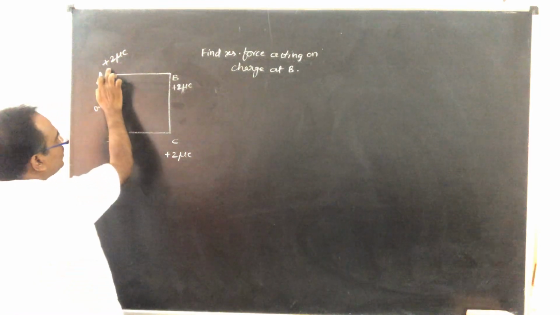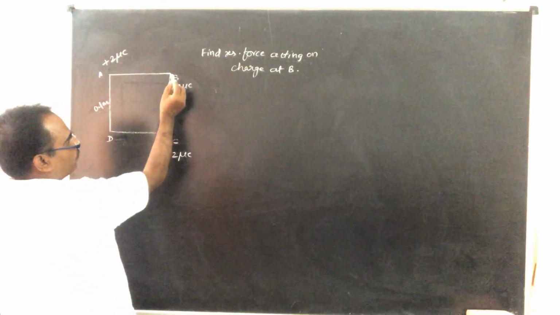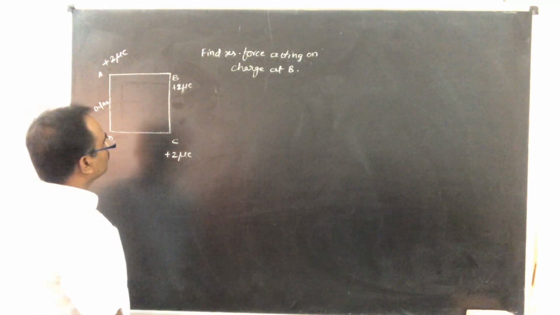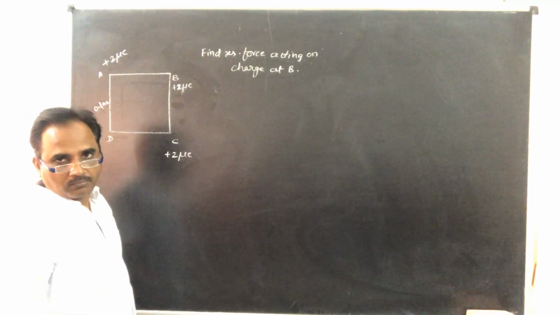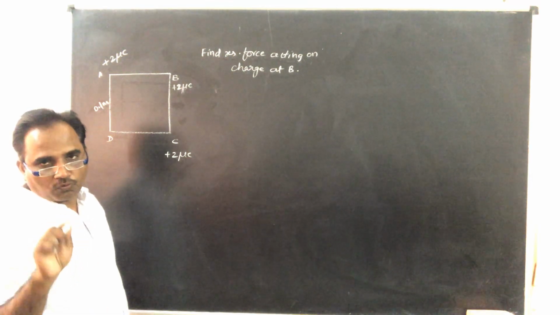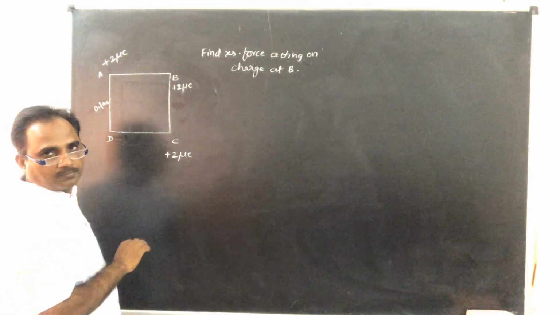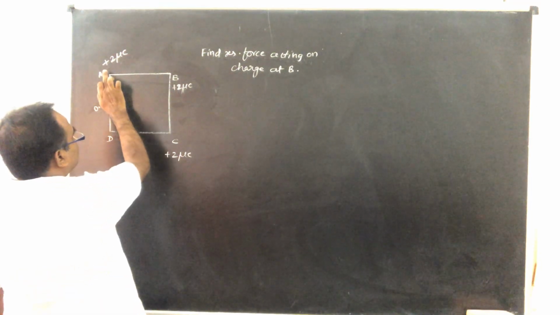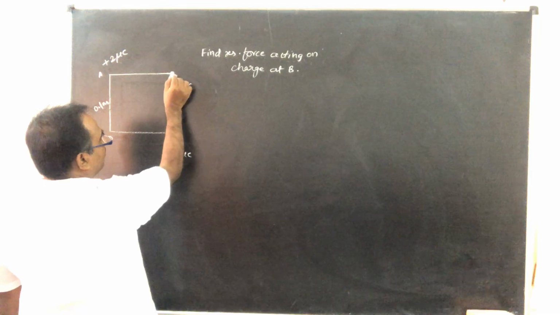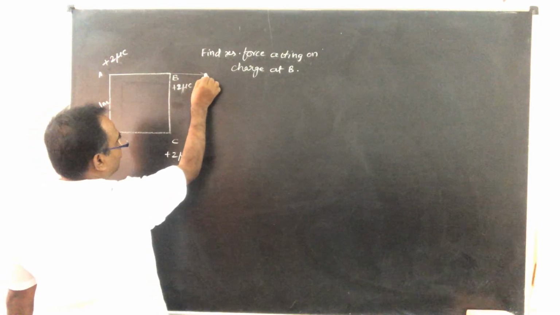That means due to these two charges, how much force will be acting on this charge? So as you did in the previous problem, first you represent the direction of forces on the charge at B. Due to the charge at A, the force on this charge at B will be in this direction.